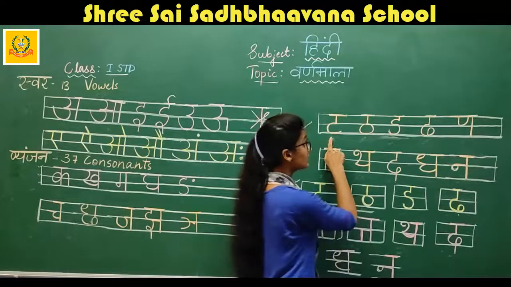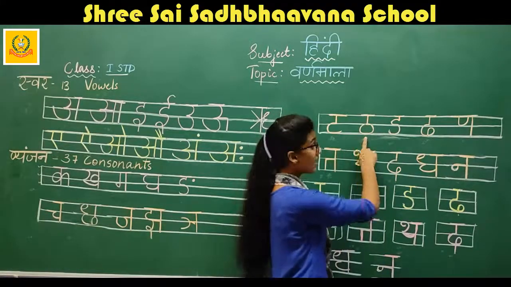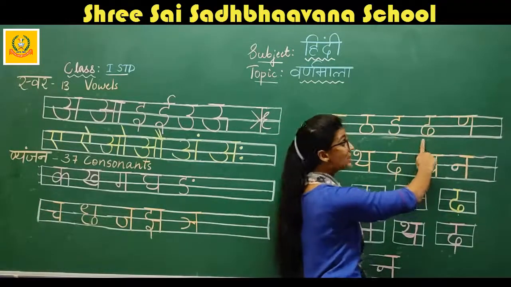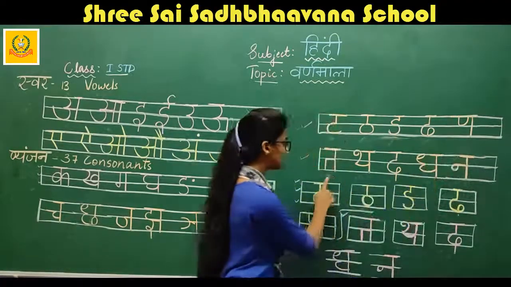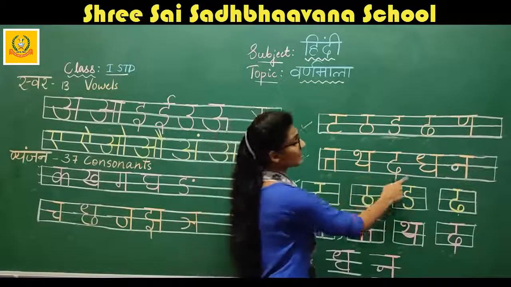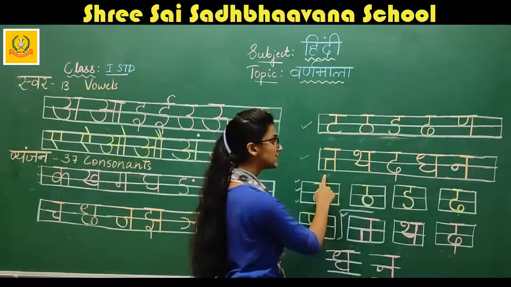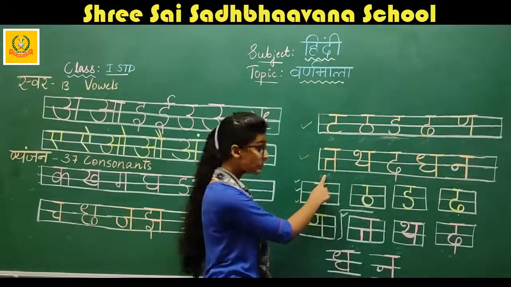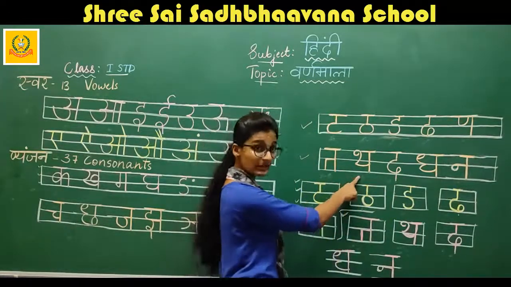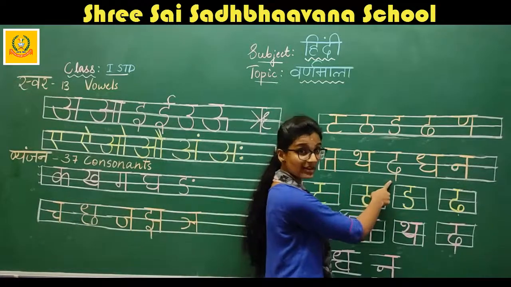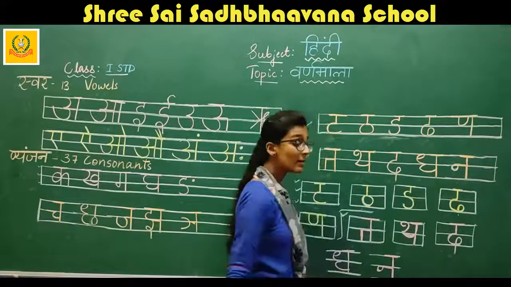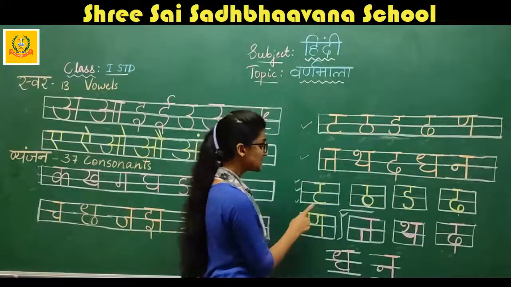Tha, da, na. Tha says tarbooj. Tha says thermos. Dha says darwaza. Dha says dharani. Na says namak.